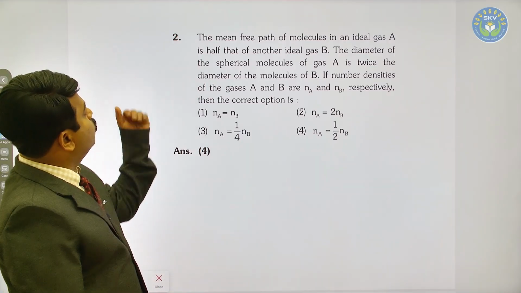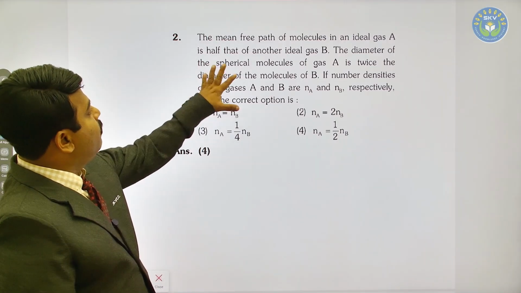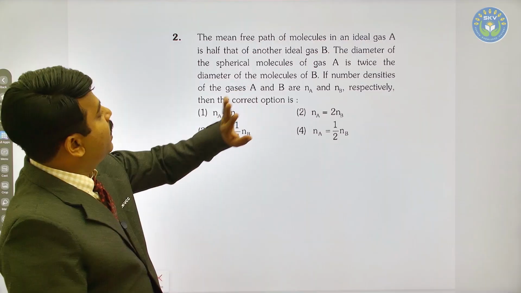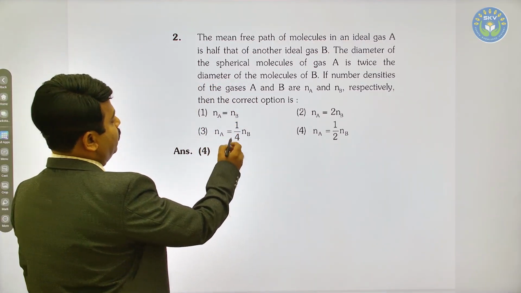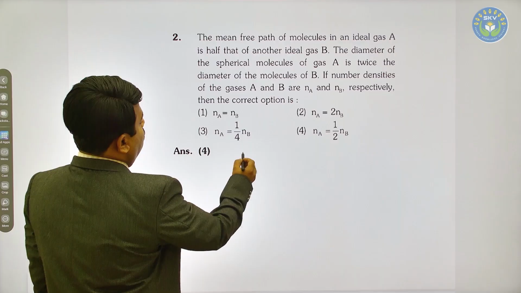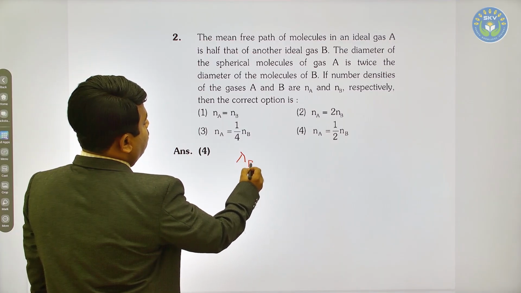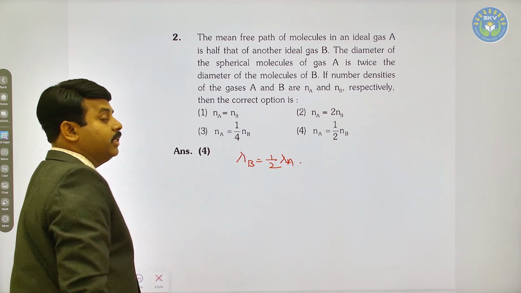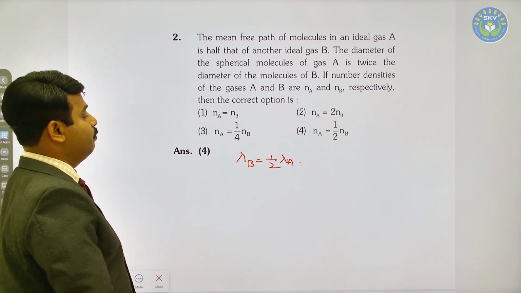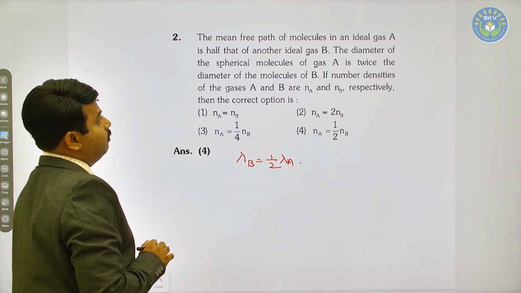Now let us go to question number 2. The mean free path of a molecule in an ideal gas A is half of that of another ideal gas B. That means lambda B is twice lambda A, where lambda A and lambda B are the mean free paths of A and B respectively.